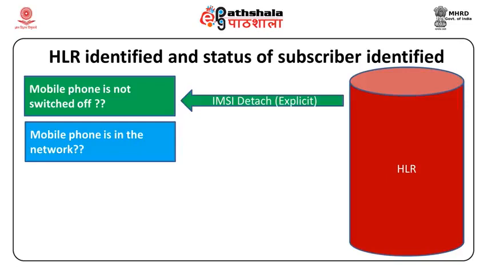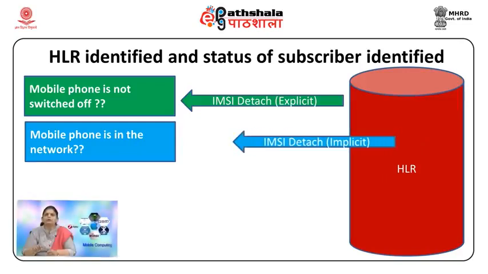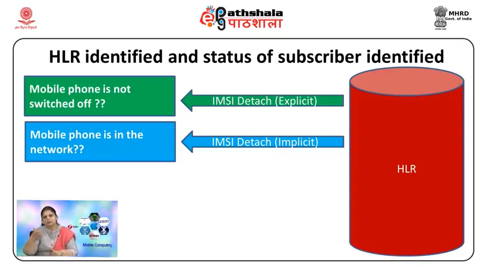And when the mobile phone goes out of coverage area, an implicit IMSI detach takes place in the HLR. So, looking at the IMSI detach, it can be known whether the mobile phone is switched off or in the network area. Whenever the mobile phone is switched on again, the IMSI attach will take place to indicate that the mobile phone is connected to the GSM network.